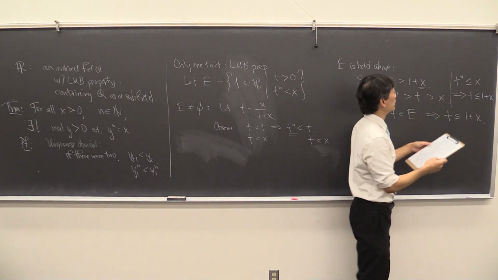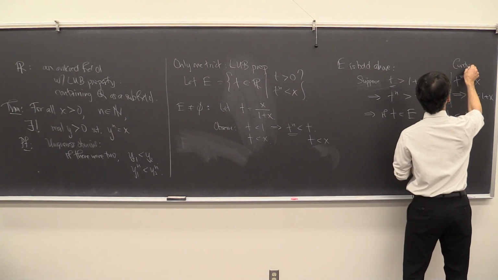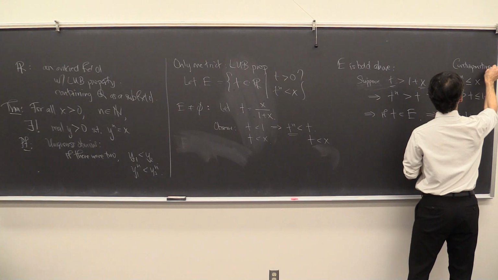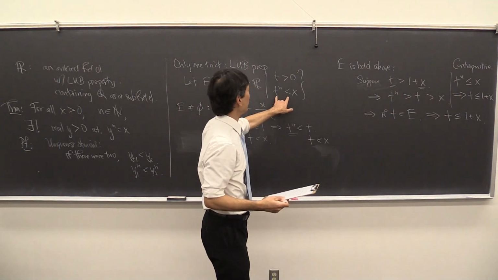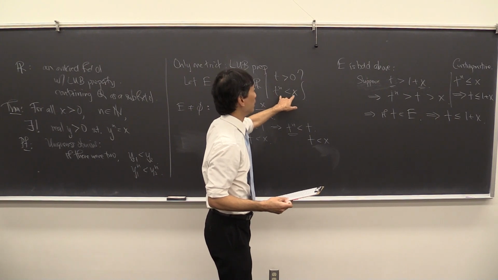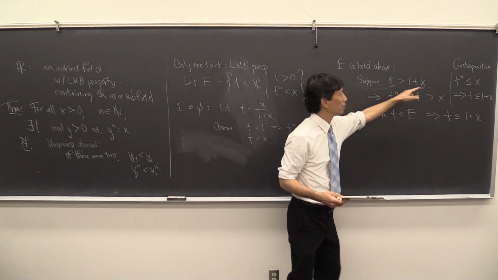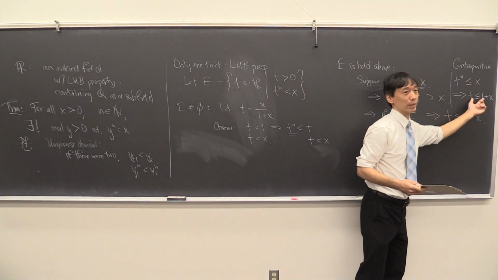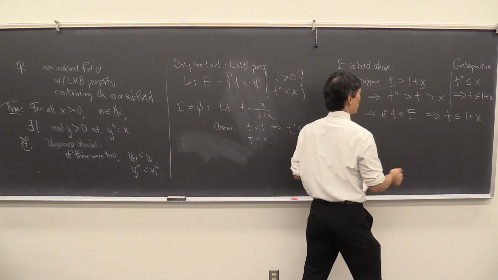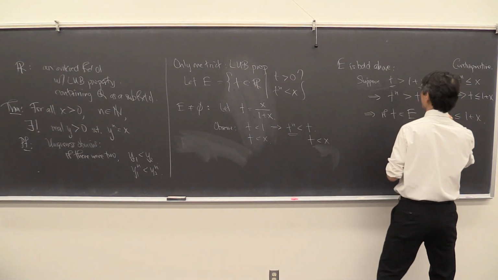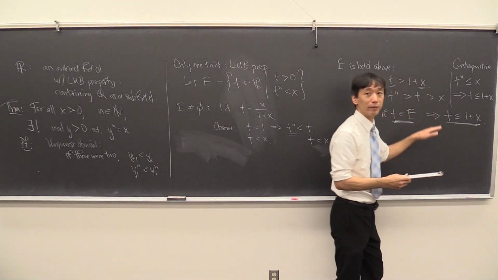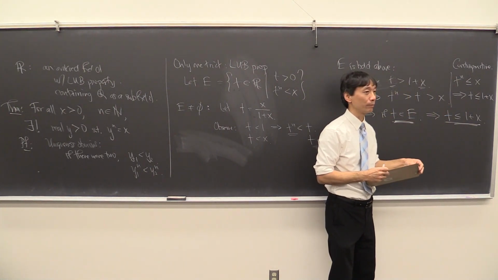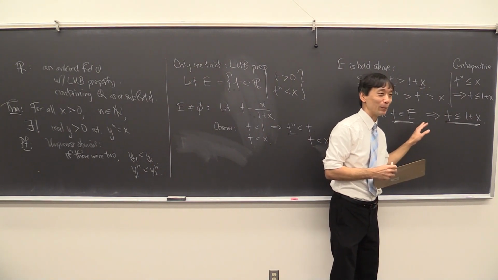And so if you're in E, you definitely have t to the n less than or equal to x, which means that t would be smaller than 1 plus x. So what does that give you? That gives us that anything in E is smaller than 1 plus x, and so we have an upper bound. Is that right?